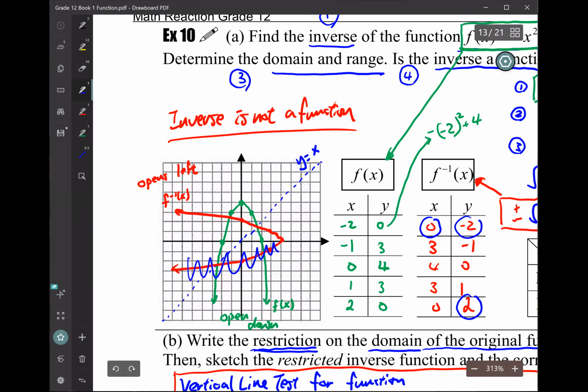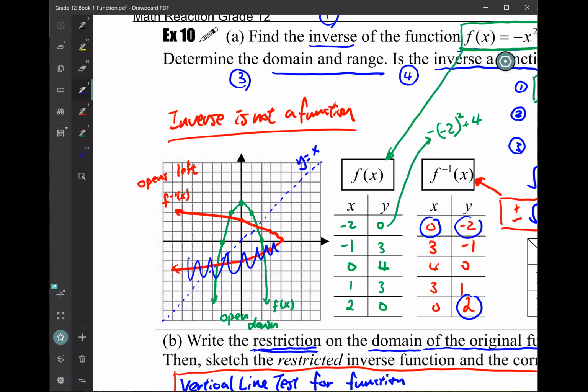So you can either cut off the bottom part or cut off the top part. If I want to cut off the bottom part, which part will be cut off for the original? If the bottom part is gone, that means for the original, which part is also gone? The top part? The original, the green one.